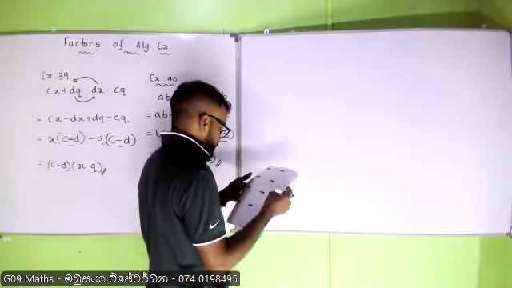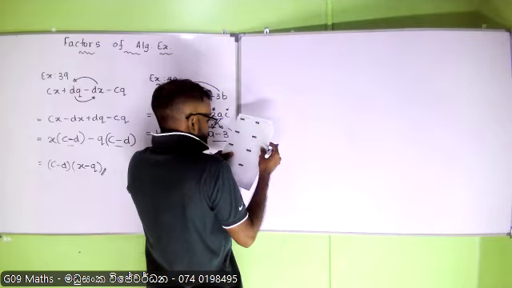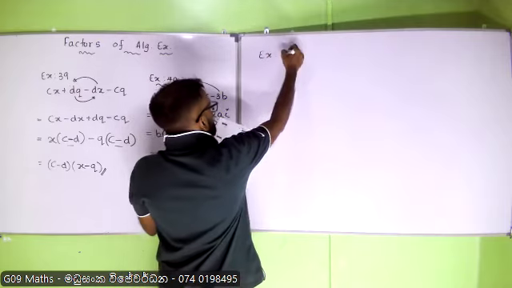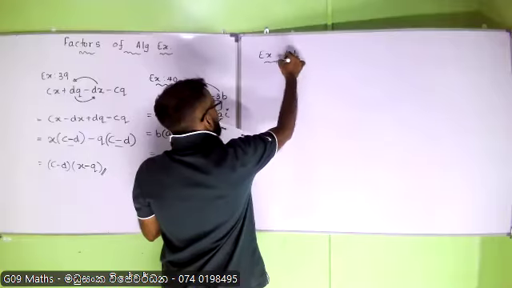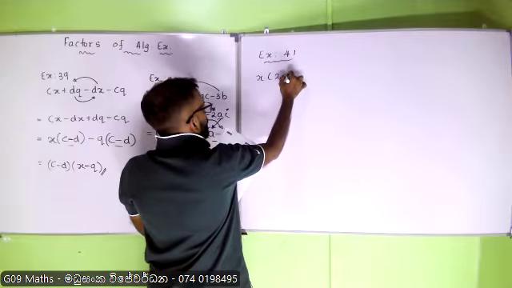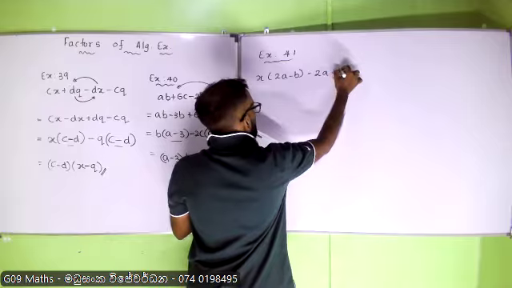Example 40. Example 41. What easy. They have given you what you need to do. 2a minus b minus 2a plus b.